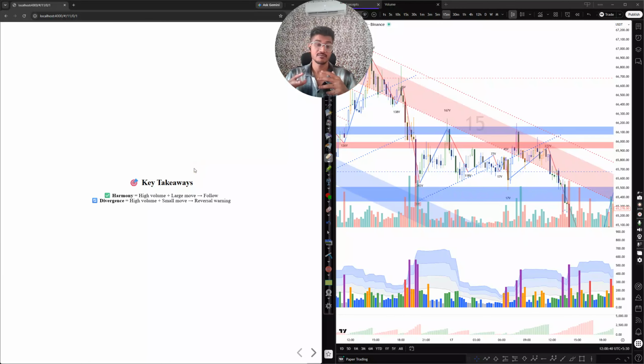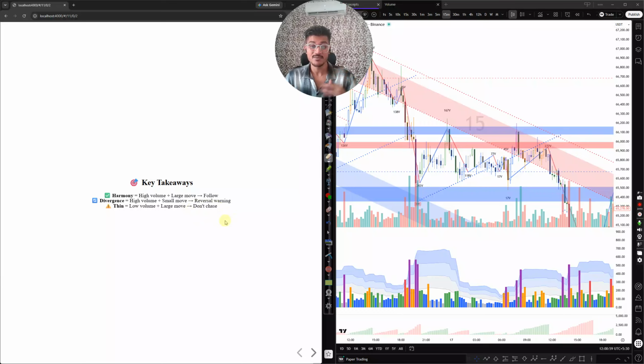The opposite of that is low volume and big move. That's also a divergence. Thin move is this, low volume and large move. That's why we call it thin.